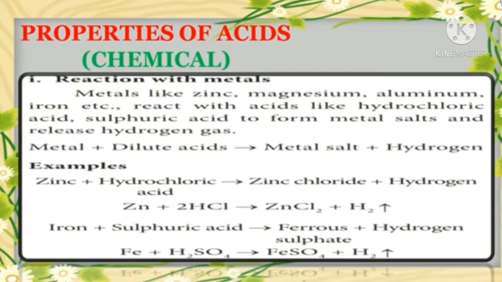Now let us see an example. Zinc, a metal, mixes with hydrochloric acid HCl to form zinc chloride ZnCl2 plus hydrogen gas. Another example, iron plus sulfuric acid gives ferrous sulfate, FeSO4, plus hydrogen gas.